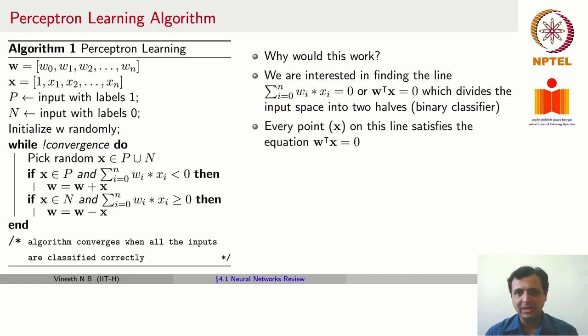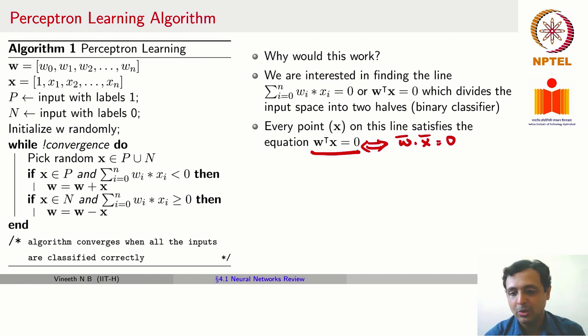Every point on that line satisfies the equation w transpose x is equal to 0. Remember, whether we say w transpose x is equal to 0, this is equivalent to saying inner product of w and x is equal to 0, which is equivalent to saying summation over i wi xi is equal to 0.